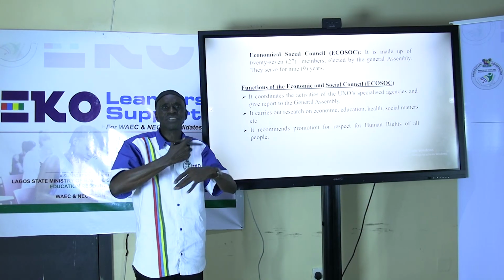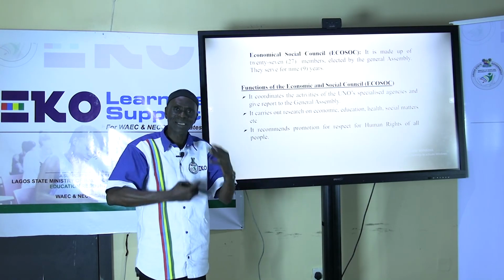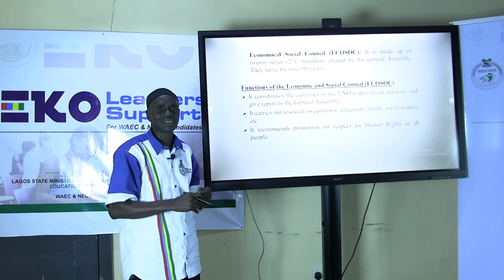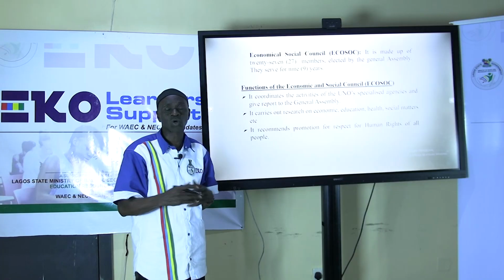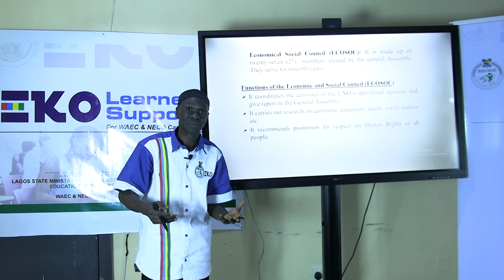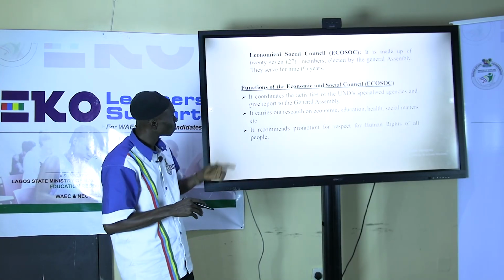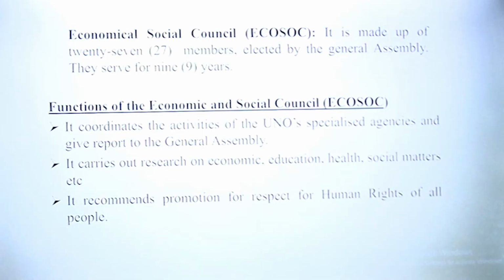The whole world is changing, dynamic, and things are getting more complex than before. They need to do research and look at what is the next line of action in case there is an issue or crisis coming up from that area. ECOSOC is always there to do that.